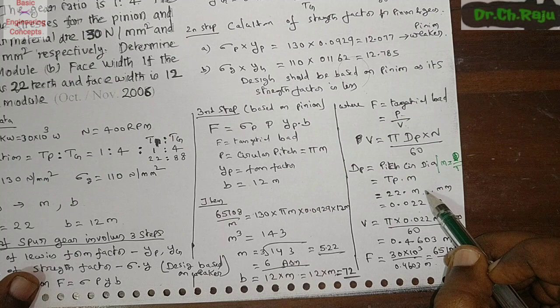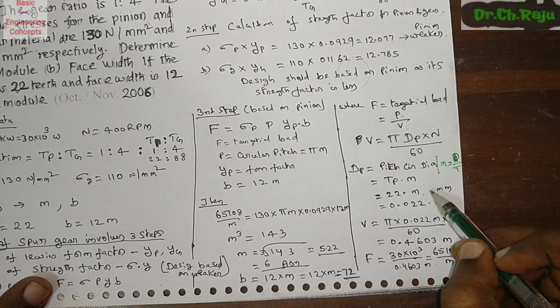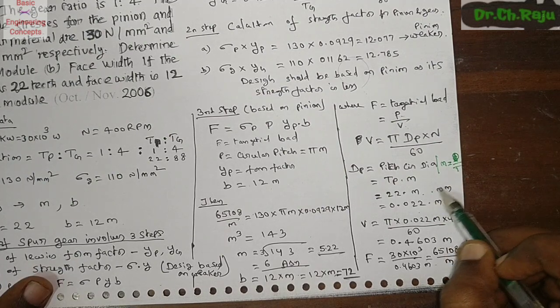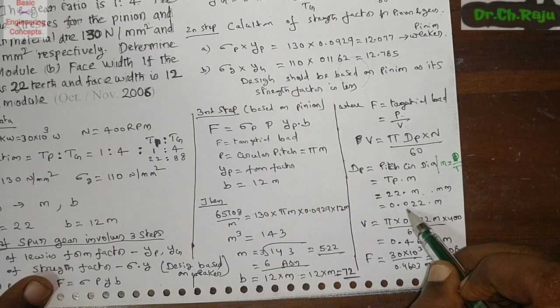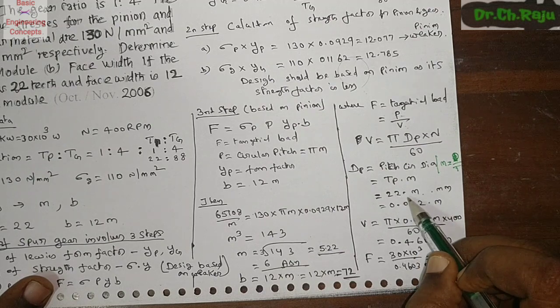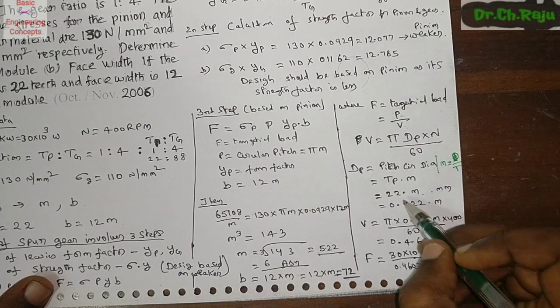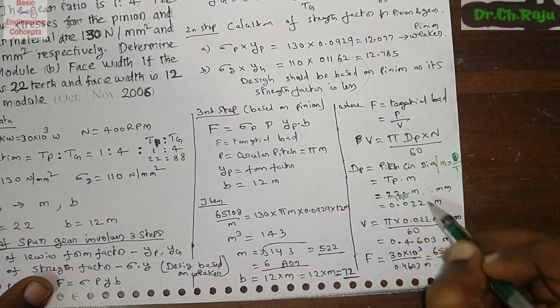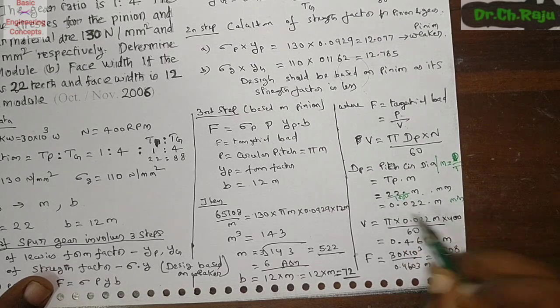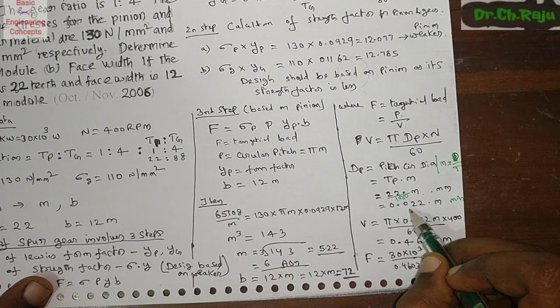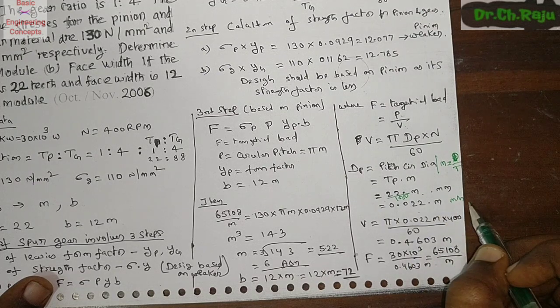But there is an important step here: all the values are in meters, so we are going to convert mm into meters, that is 22 by 1000, that is 0.022 m.